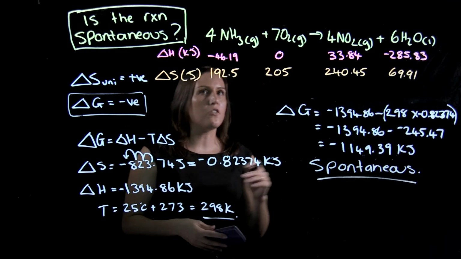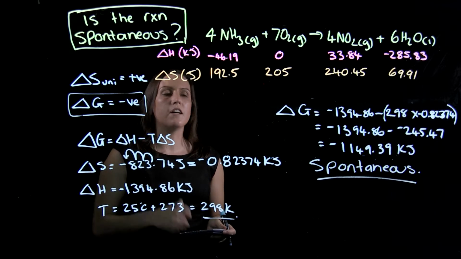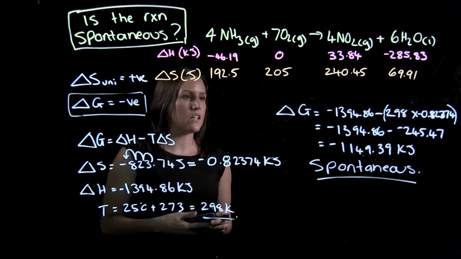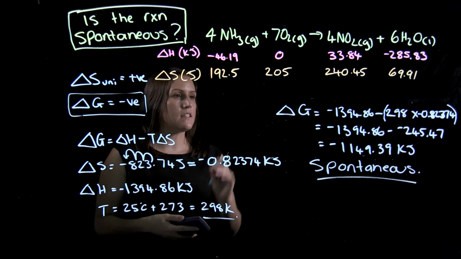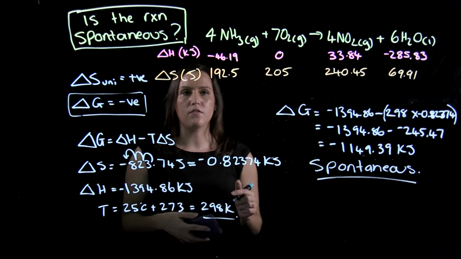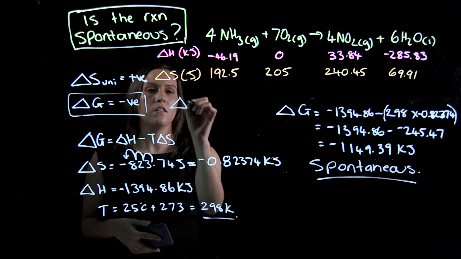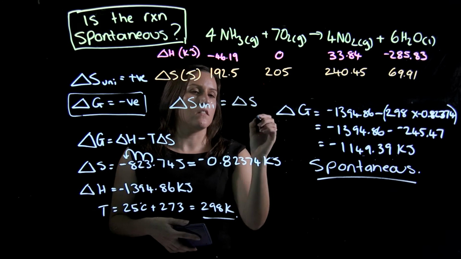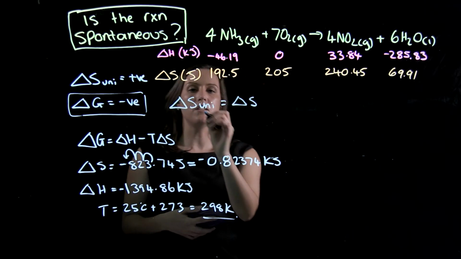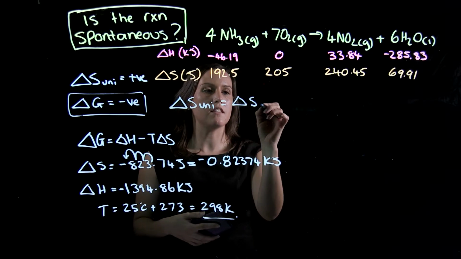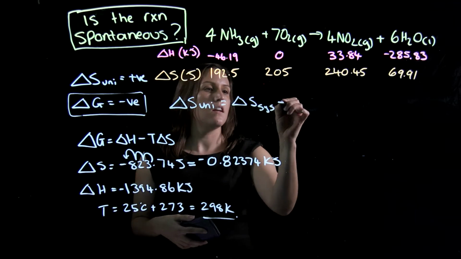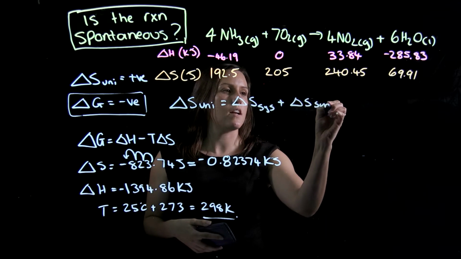Okay, so I'll show you quickly just how to do the delta S of the universe while we've got this question up. That's our delta G. For delta S of the universe, the equation is delta S of the universe equals delta S of the system, which is the delta S that we worked out down here, plus delta S of the surroundings.